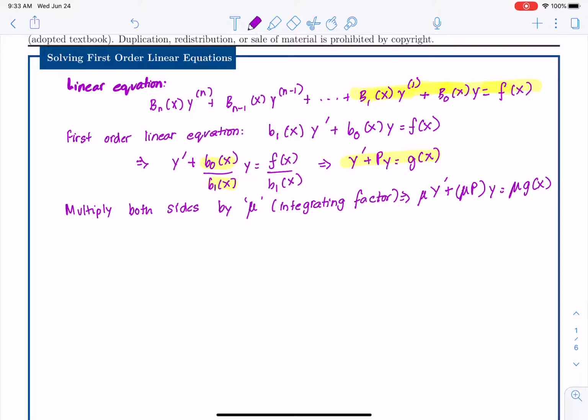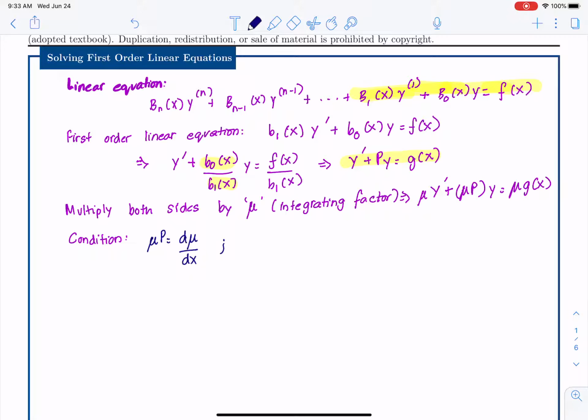In other words, we impose a condition, the condition being mu p equals d mu over dx. If that is satisfied, then we can rewrite the equation. We have mu y prime plus mu p times y, that is our original DE, and the condition is mu p equals d mu over dx.